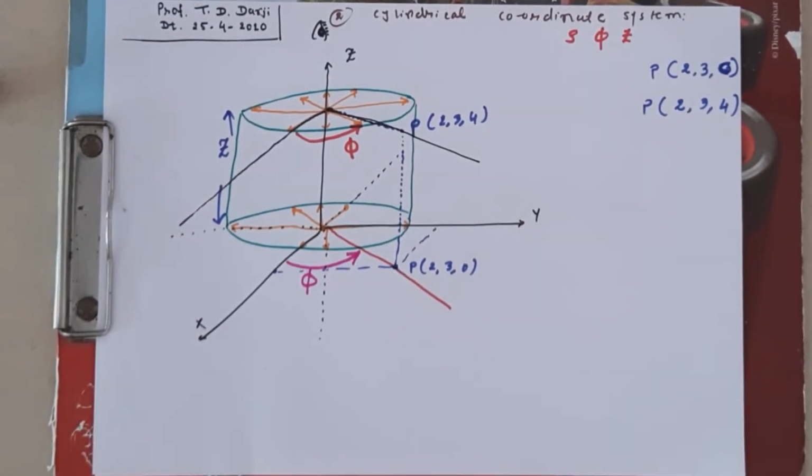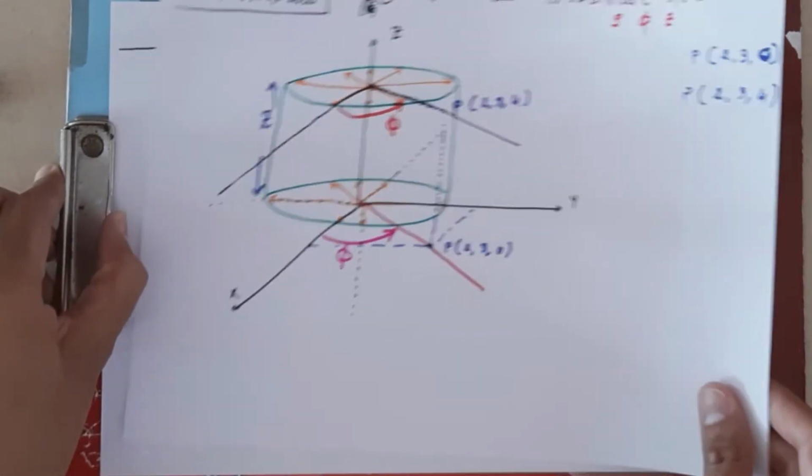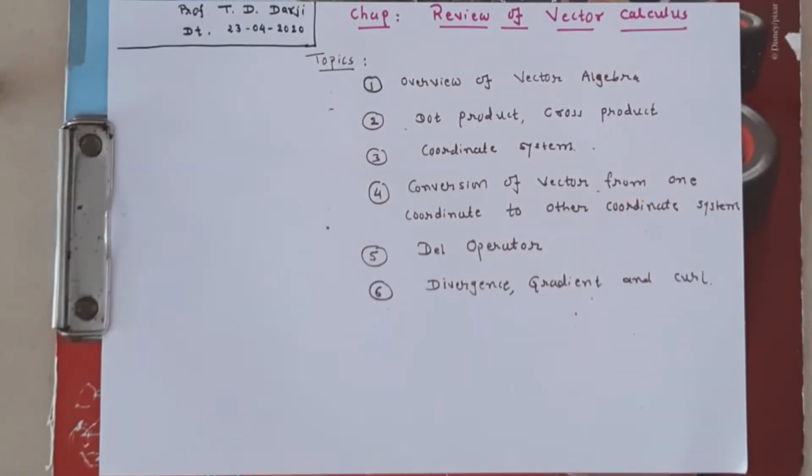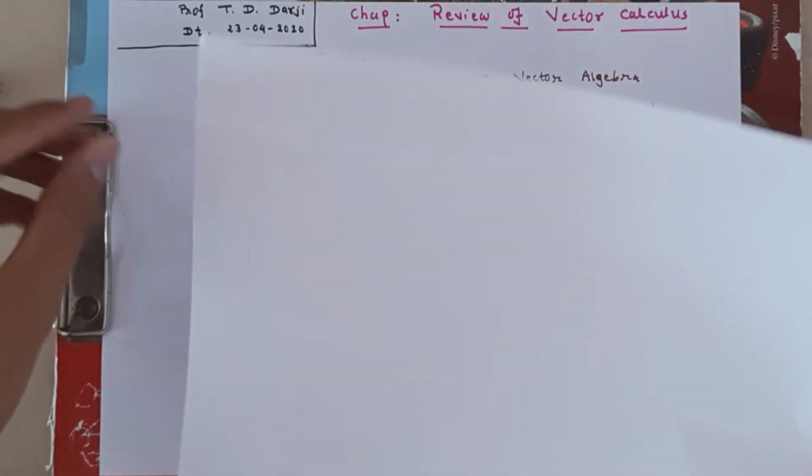Now I have to take one point and locate it on our cylindrical coordinate system, and afterwards we'll find the relationship between the cylindrical and Cartesian coordinate systems.